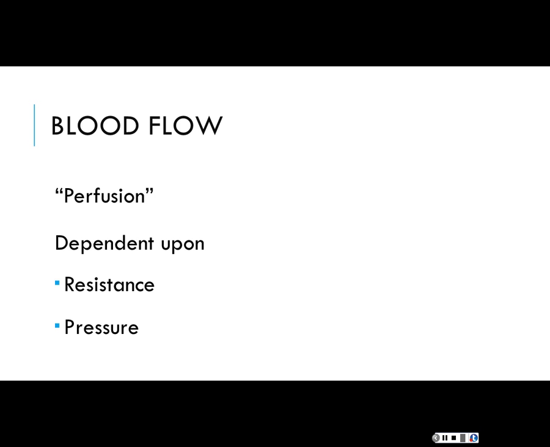We could quantitate it. This is something that I'm not going to have you calculate, but I just want you to see this formula. It summarizes what we just mentioned. The F stands for flow. Working across, on top of the formula, flow is directly proportionate to the change in pressure.